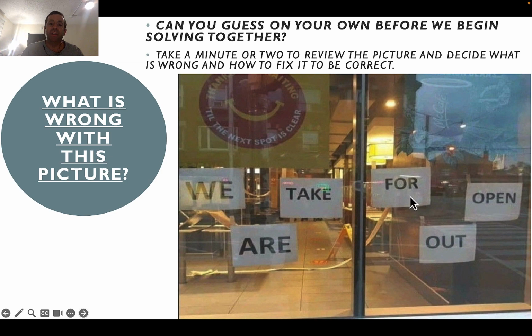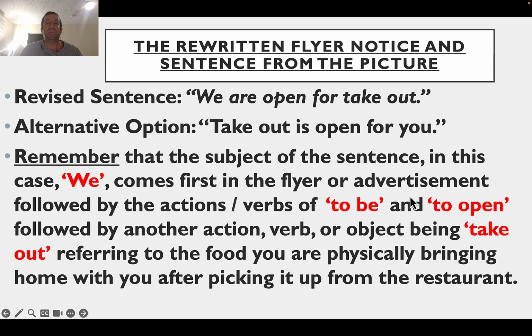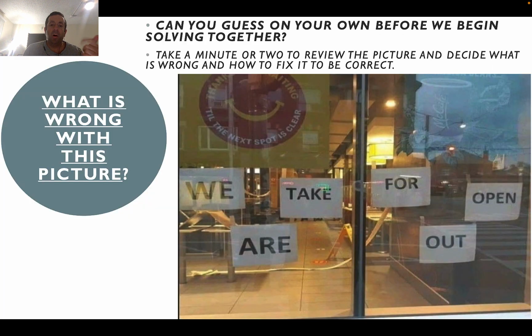So let's dive in. So we have the rewritten flyer notice from the restaurant. The revised sentence should be we, which is correct. We had we, are, also correct. But instead of take, we take open and put it in the third position here.